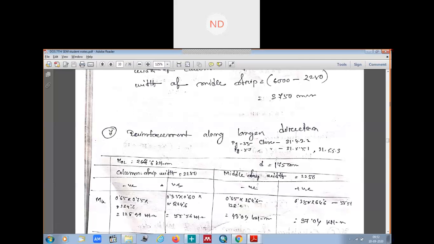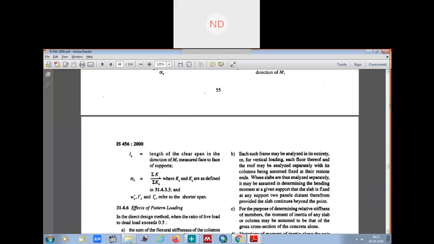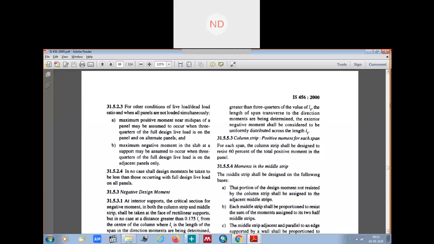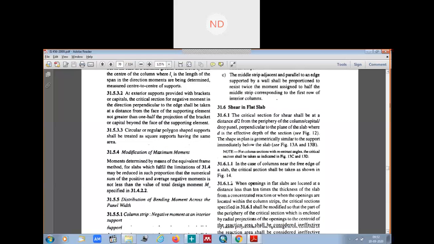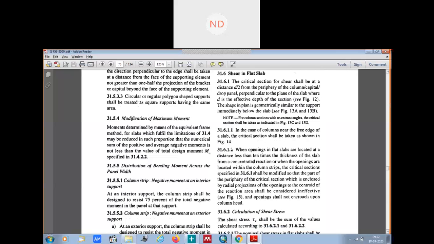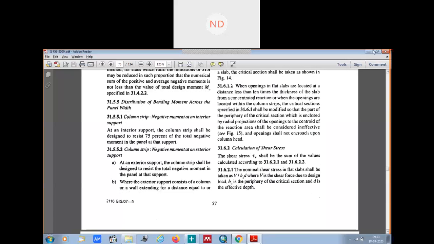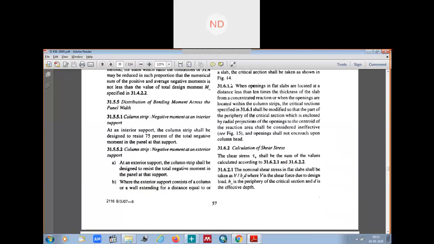Why have we multiplied by 0.75 here? It is in page number 57, clause 31.5.1, distribution of the bending moment across the panel strip. For the column strip, negative moment at an interior support, what is there?